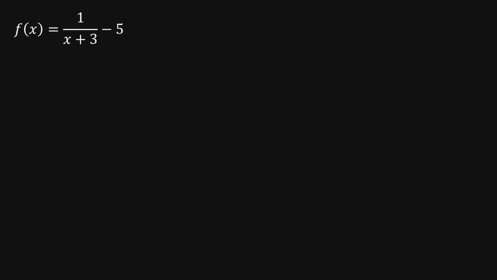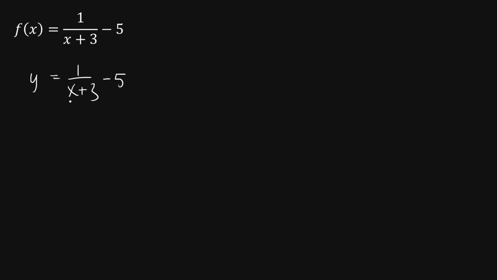The range of the function is the same as the domain of the inverse function. So, to find the range, we define the inverse of the function. I start by writing this as y equals 1 over x plus 3 minus 5.